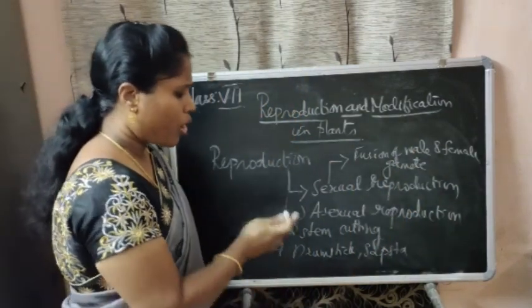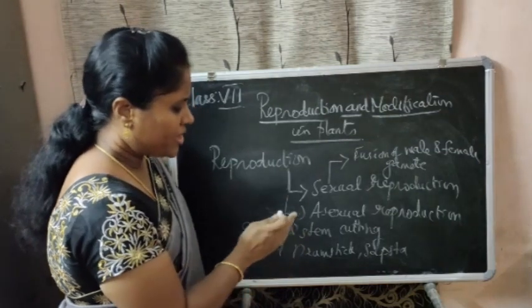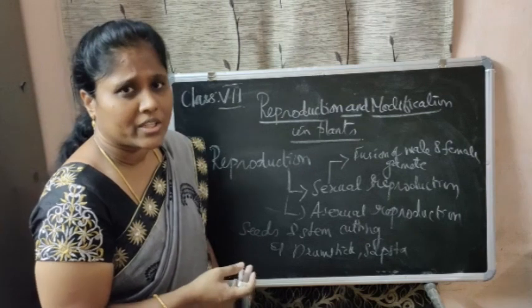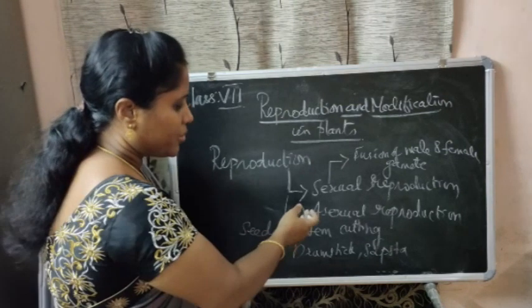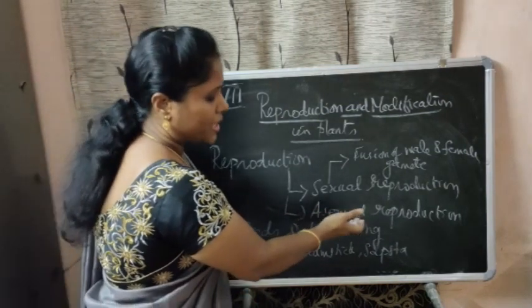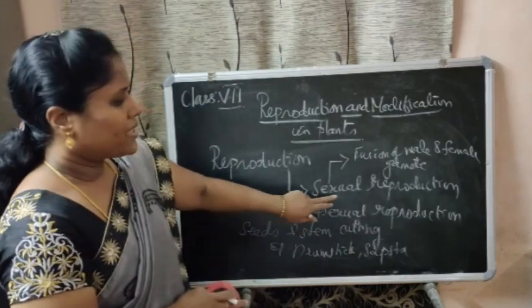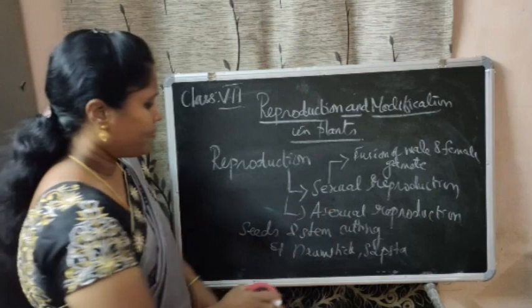Those organisms which are not involved in pollination and fertilization are said to be undergoing asexual reproduction. Let's see sexual reproduction in detail.